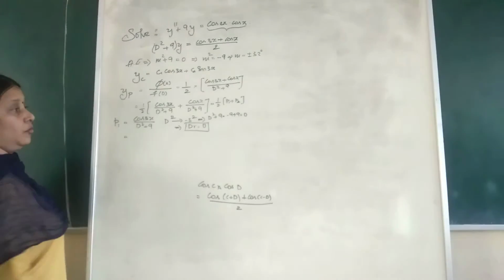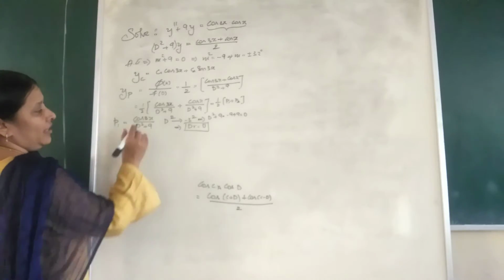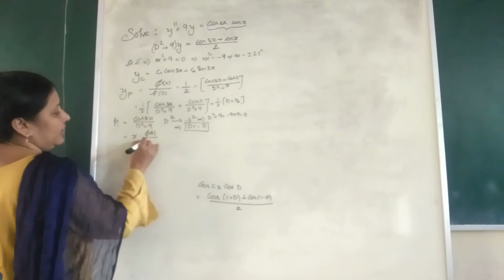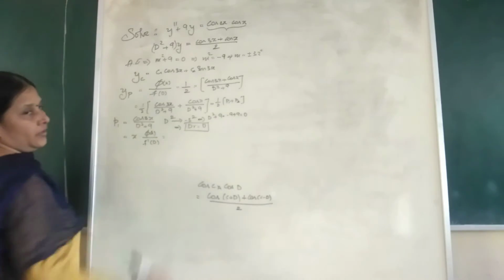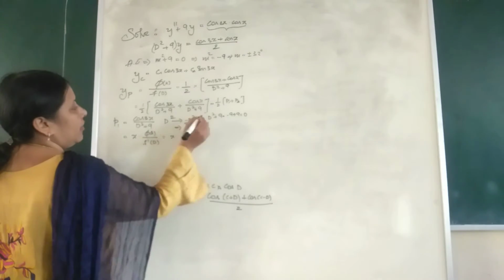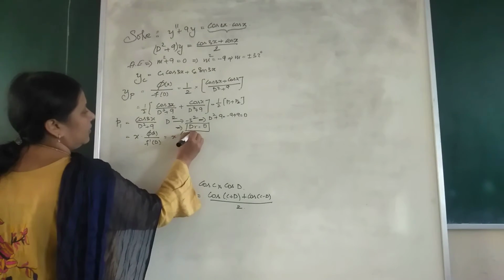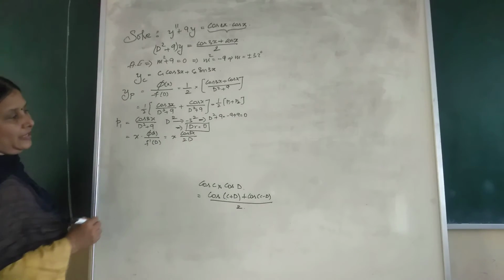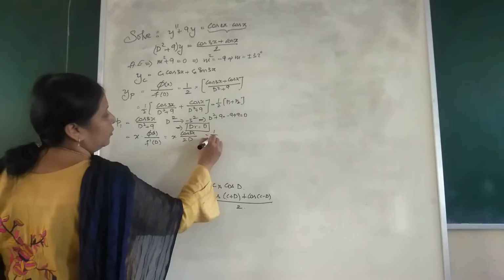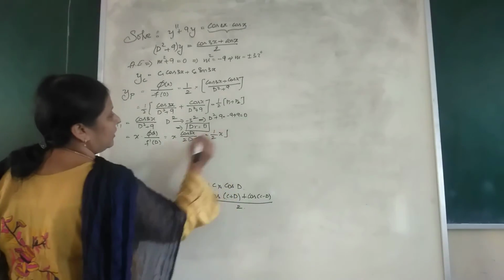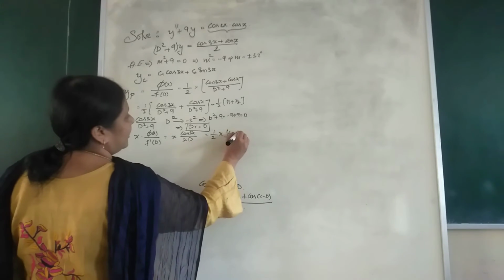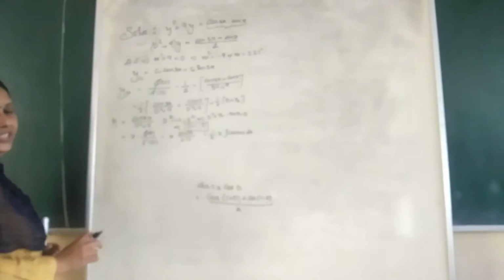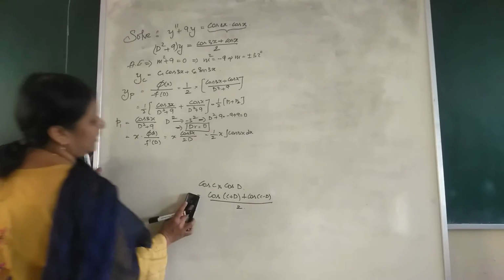And whenever the denominator is 0, we have the same rule we used for type 1: we introduce the independent variable x into phi of x divided by the derivative of f of D. So x is as it is, phi of x is cos 3x, divided by the derivative of D square plus 9, which is 2D. So this is equal to 1 by 2 into x, and 1 by D is nothing but the integral, so integral of cos 3x dx.